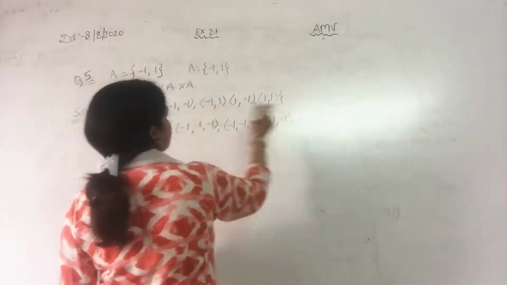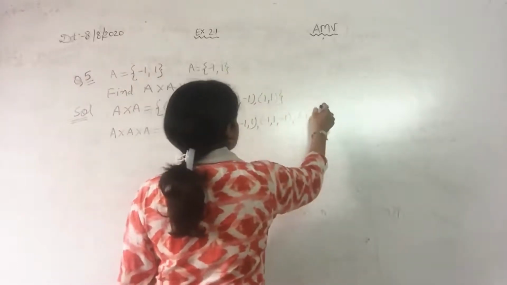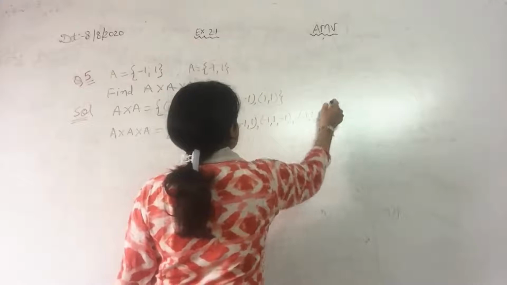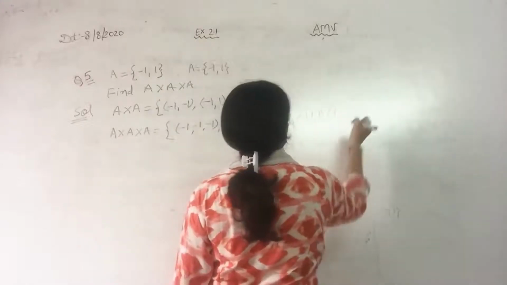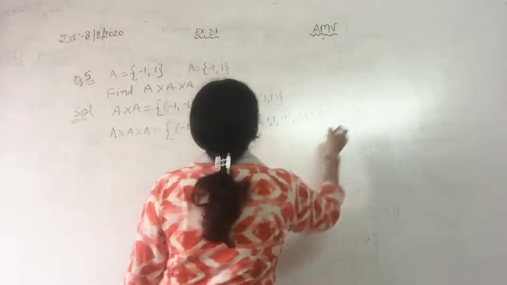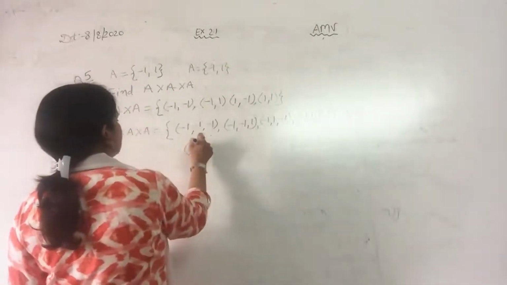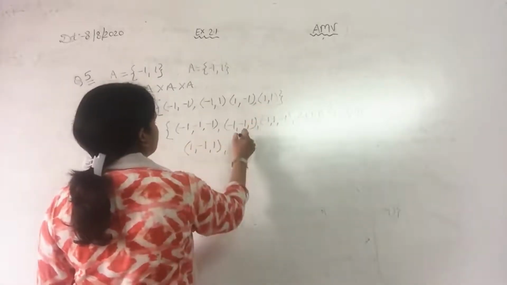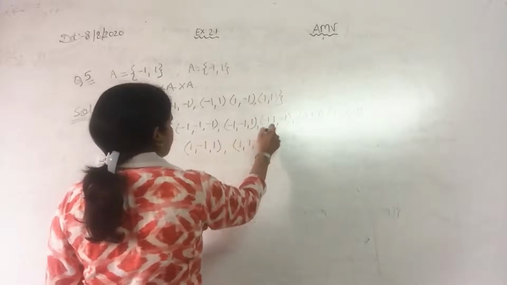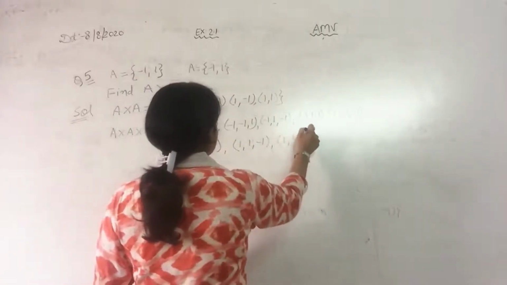Now (-1, 1, 1). Next (1, -1) with -1: (1, -1, -1), and (1, -1, 1). And for the last, (1, 1, -1) and (1, 1, 1).